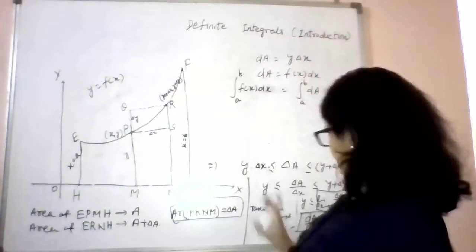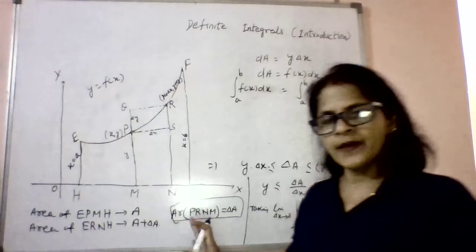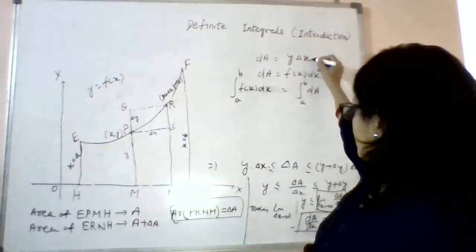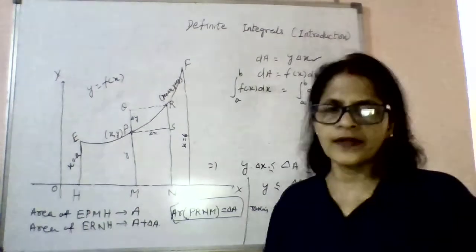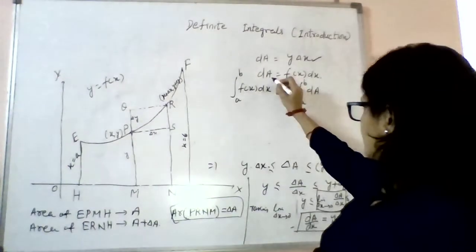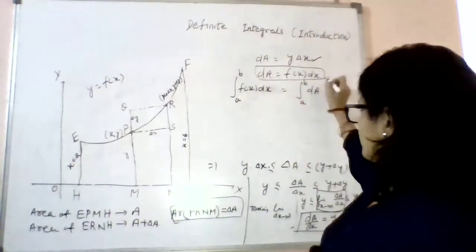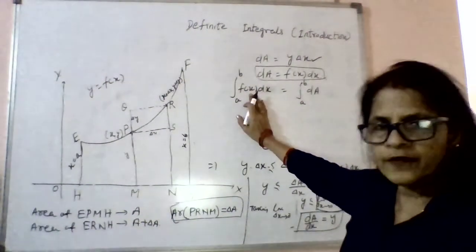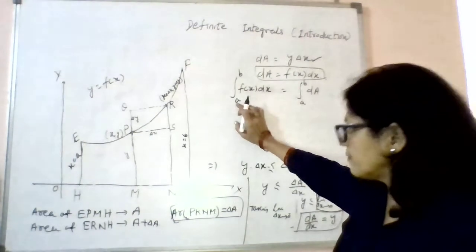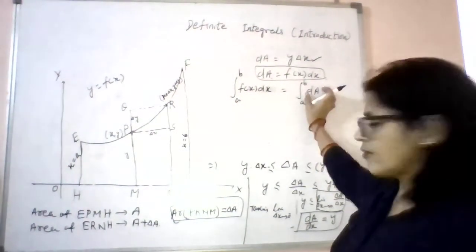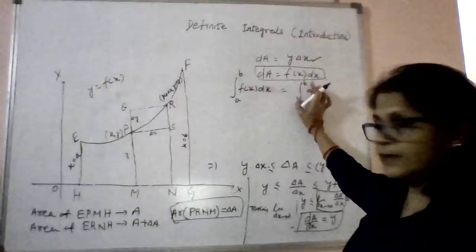Whenever we get dA by dx equal to y, it means f(x). So dA equals y delta x, meaning dA equals f(x) dx, because y equals f(x). So the integral of f(x) dx from limit a to b equals the integral of dA from a to b.